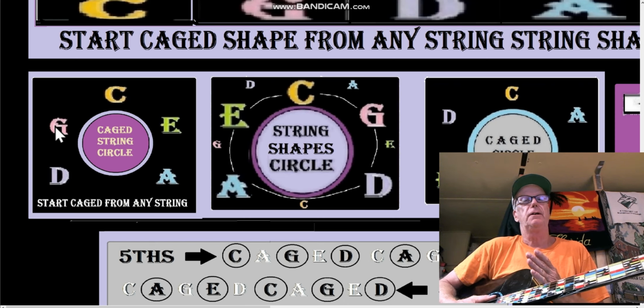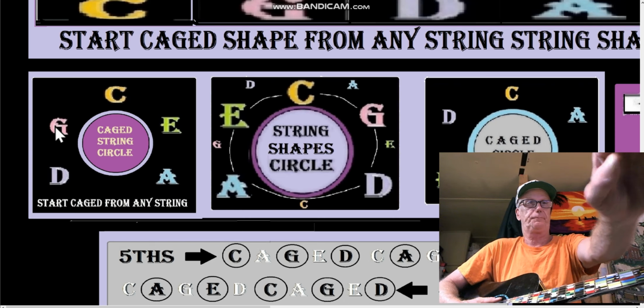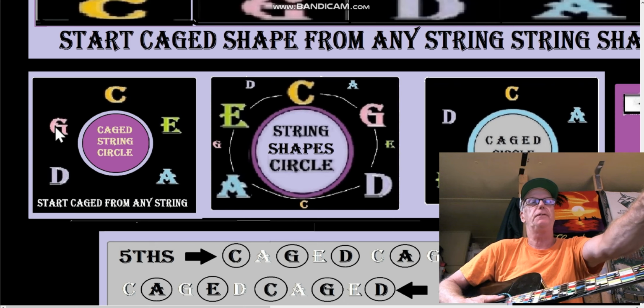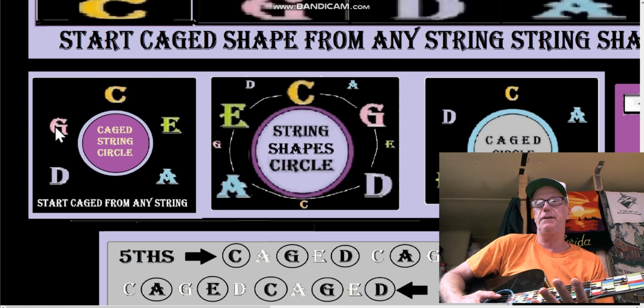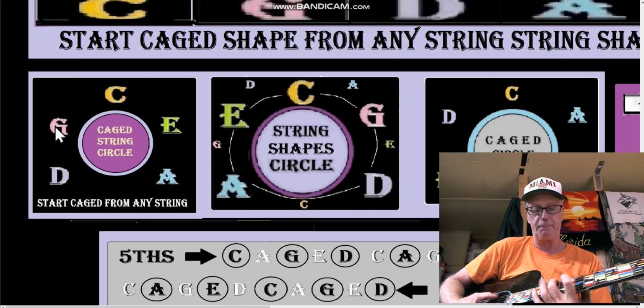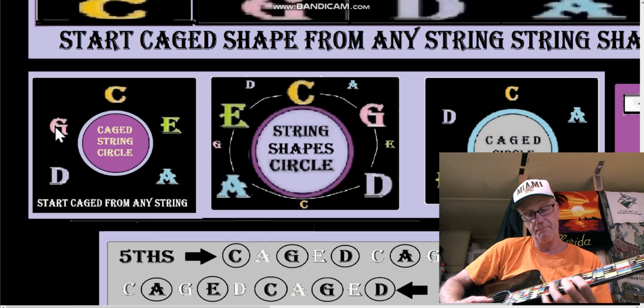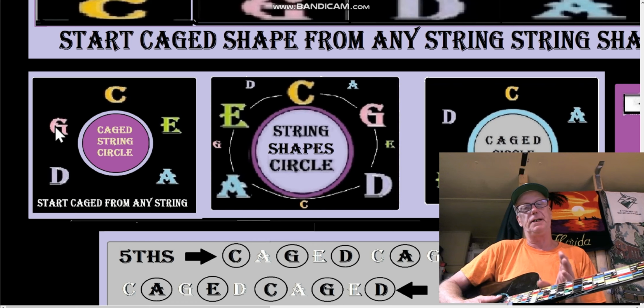But is that C the fifth of F, or is it the fourth of G? One way to make sure that it's a root chord would be to actually just play that diatonic. Then we know that it's in the key of C.